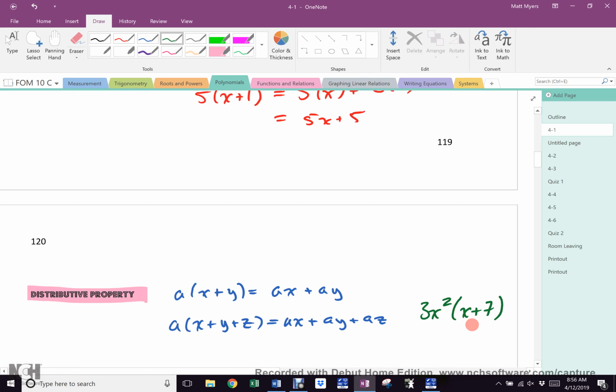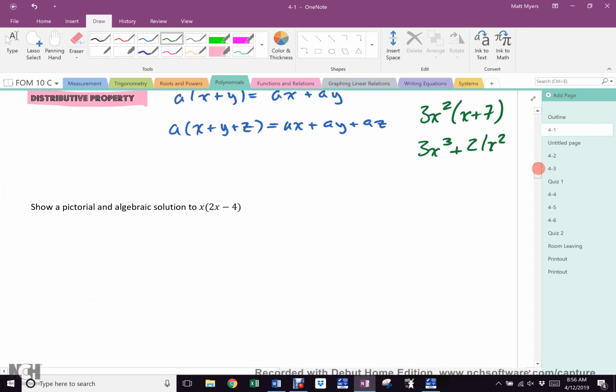Oh, there's a lag? Oh, all right. Never mind. My fault, not yours. I can see it. So what would that be? 3x cubed plus 3x squared times 7, which would be 21x squared. Right? Okay. Everybody can do the distributive property.